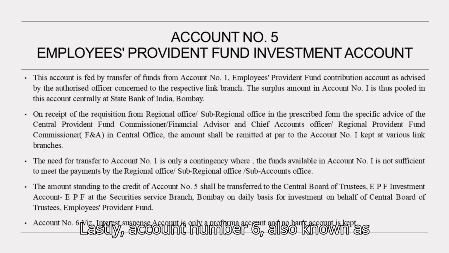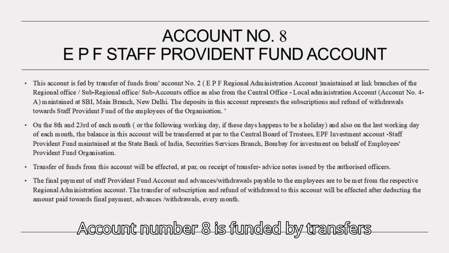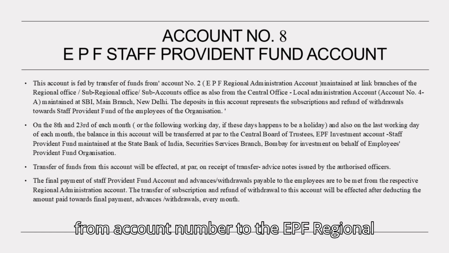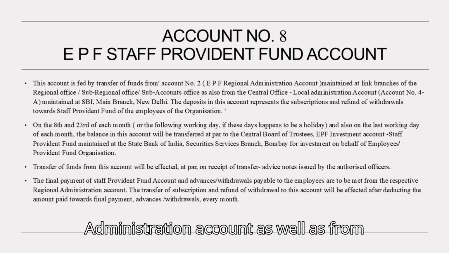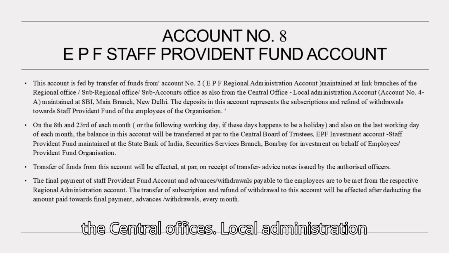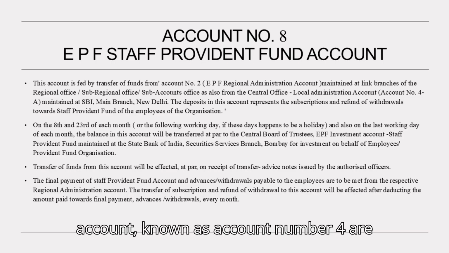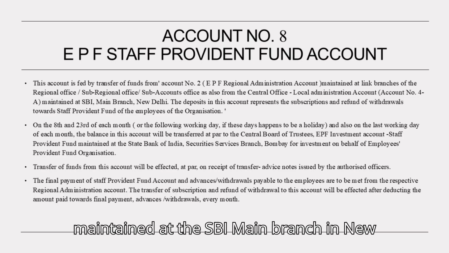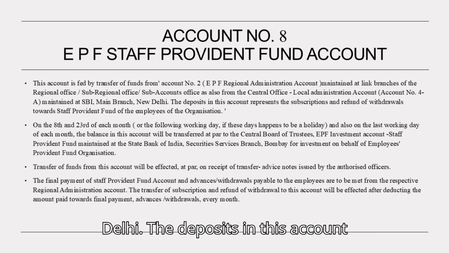Lastly, account number 6, also known as the interest suspense account, is a pro forma account with no actual bank account attached. Account number 8 is funded by transfers from account number 2, the EPF Regional Administration account, as well as from the Central Office's Local Administration account, known as account number 4-A, maintained at the SBI main branch in New Delhi.